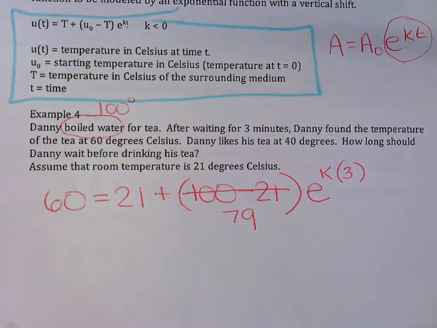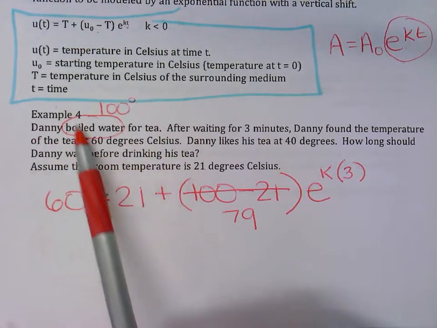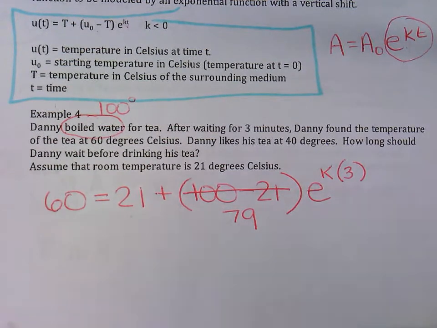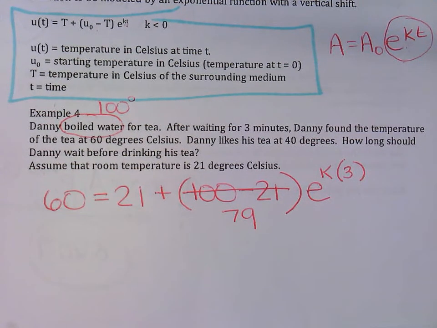This one was a little bit of a hidden piece of information. You have to know that water boils at 100. I could probably tell you that on a quiz or a test. But that's a good application of science, knowing what temperature. What is it for Fahrenheit? Is it 212?